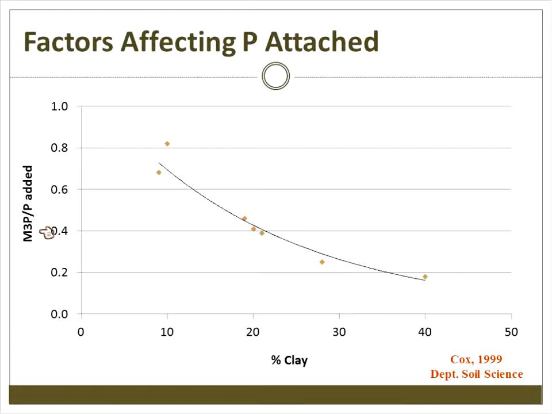to phosphorus added. At 10% clay, so these are pretty sandy soils, we see that for every unit of phosphorus added, the soil test phosphorus will increase by 0.7. So it's not 1-to-1.